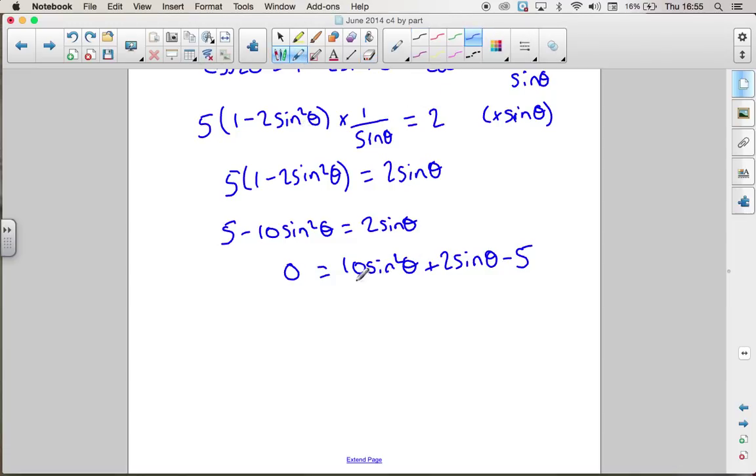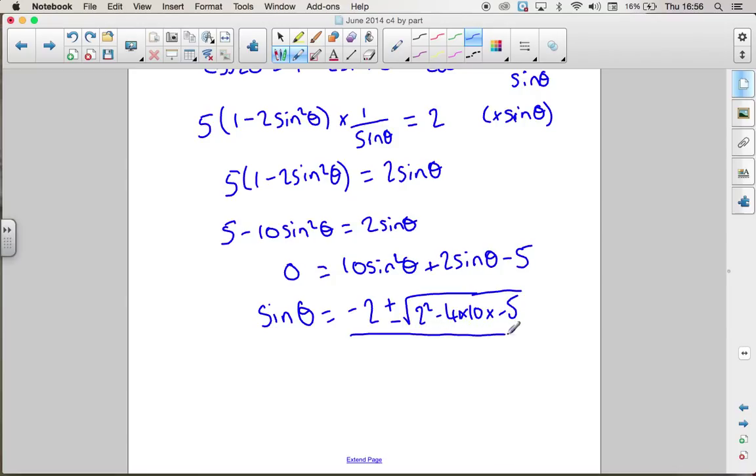And I'm going to have to either complete the square or use the quadratic formula. I'm going to use the formula because of this 10 sine squared theta; it's going to be a bit of a pain to complete the square. So sine theta is going to equal minus 2 plus or minus the square root of 2 squared minus 4 times 10 times negative 5, all divided by 20.